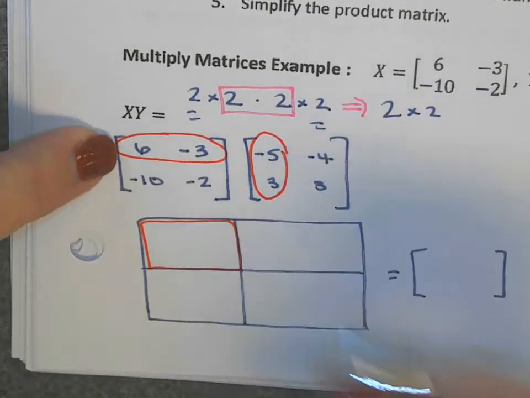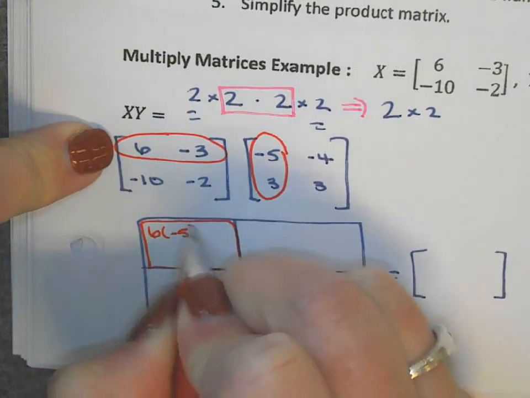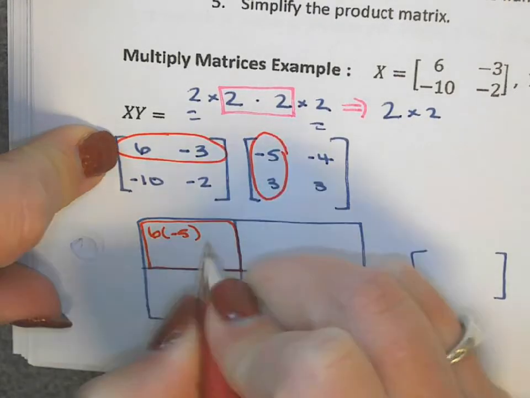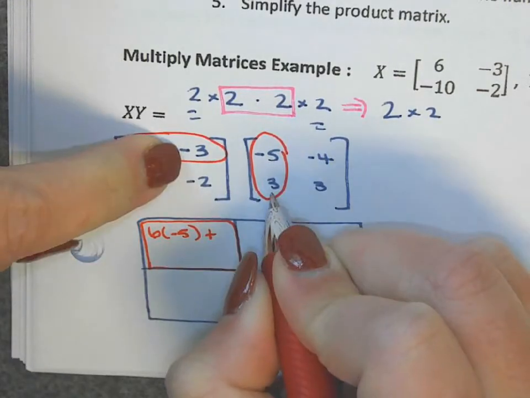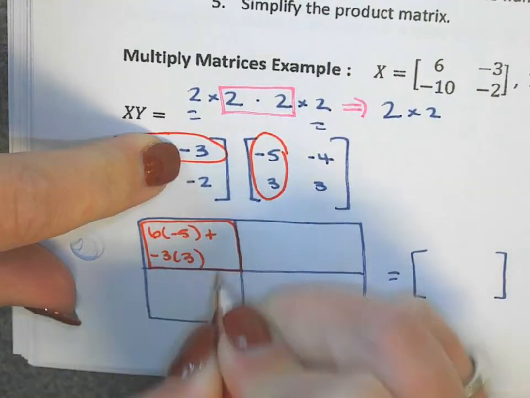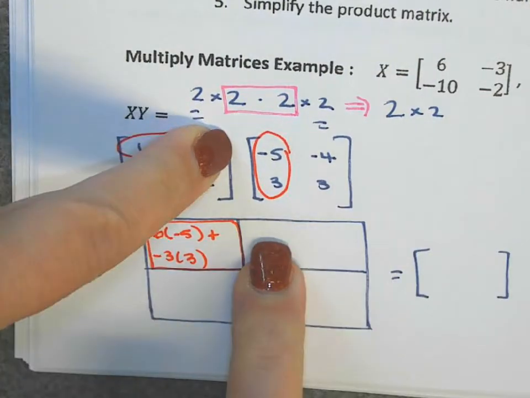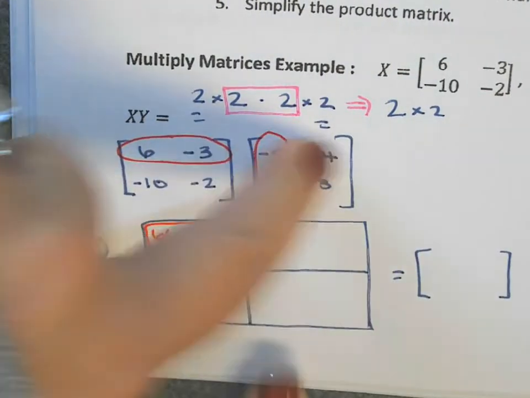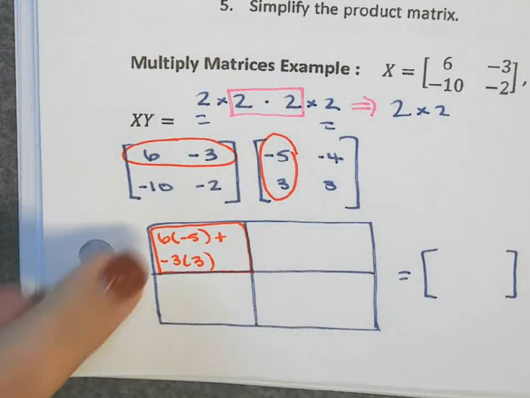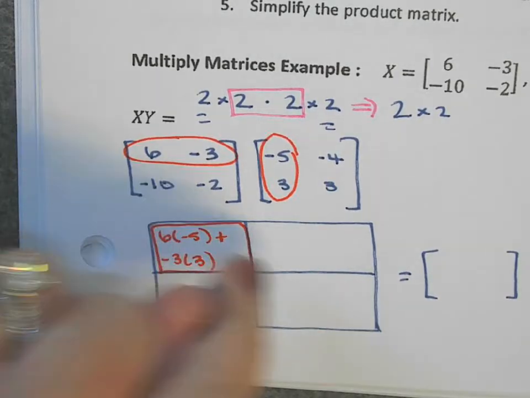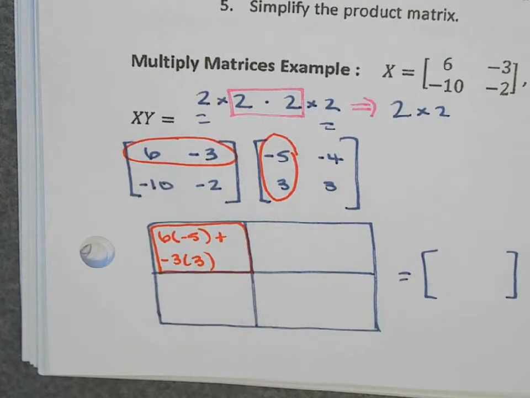So 6 matches with negative 5, so you multiply those together, plus negative 3 will match with 3. If I had another one, I would keep going down and over, down and over, down and over, and they'd each have a partner. You multiply the partners, and then you add those all up.